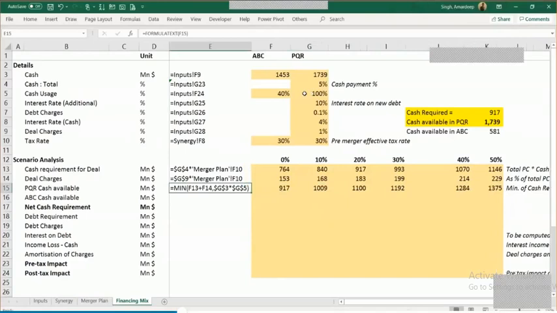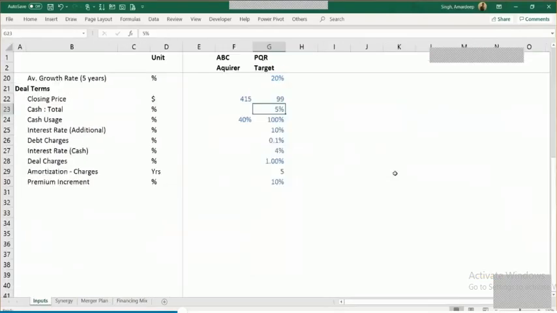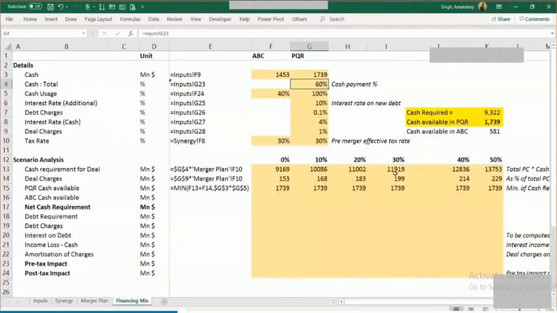And you see that I have changed this to 5%. Let me reinstate the 60% assumption back. And now you see it is showing $1.729 billion in all of these cases because now my cash requirement is pretty high. But this formula is robust enough to automatically adjust the result if the cash payment is on the lower side. And if I don't need that much cash, obviously my cash usage is going to be on the lower side.